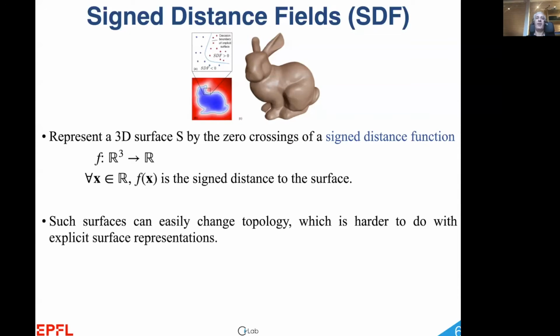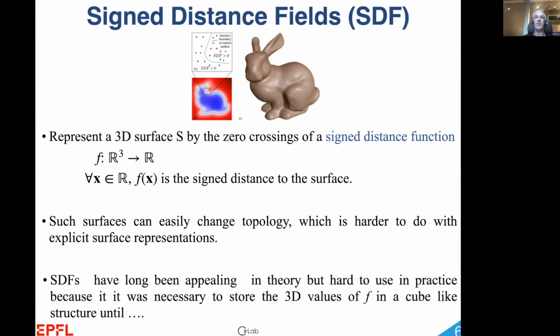Their great strength is that the zero crossings of the surface can change topology while the function itself changes continuously and differentiably. Until recently, their perceived limitation was that storing the value of a 3D function was so memory intensive that surfaces could only be modeled at very low resolutions.